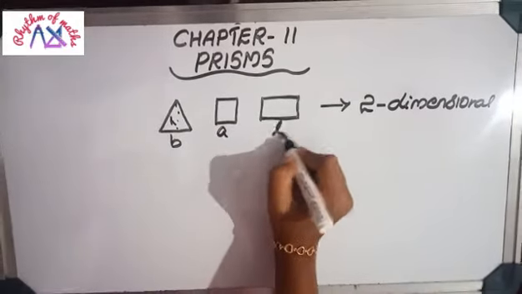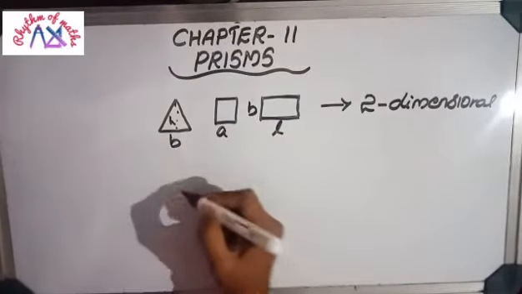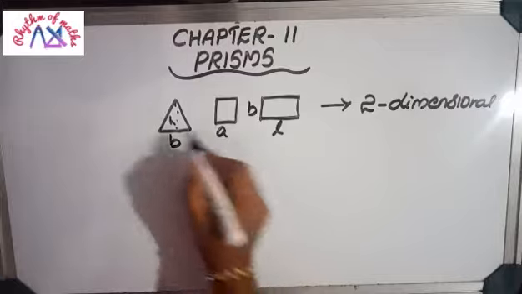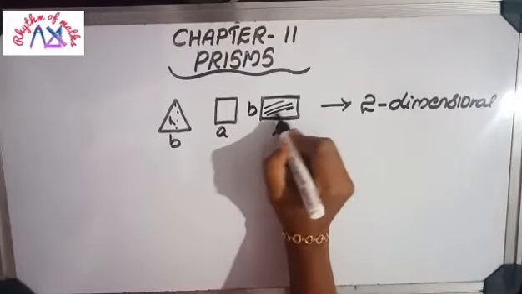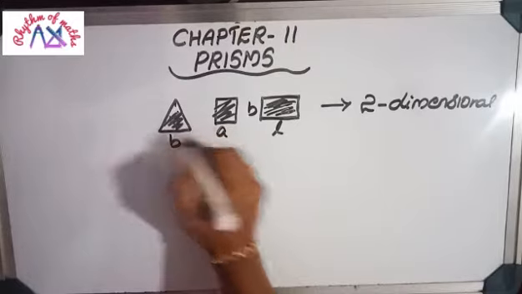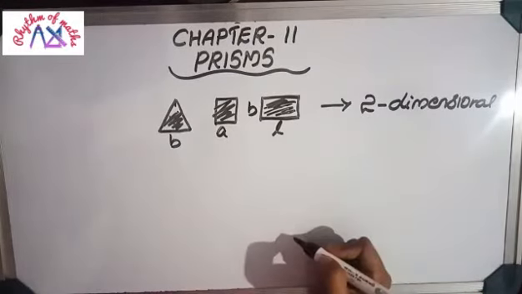For a rectangle, length is there, breadth is there. Minimum two measurements are there for these types of figures, and that's why they are two-dimensional figures, because we can find the area. For all these shapes we can find the area. That's why they are called two-dimensional figures.